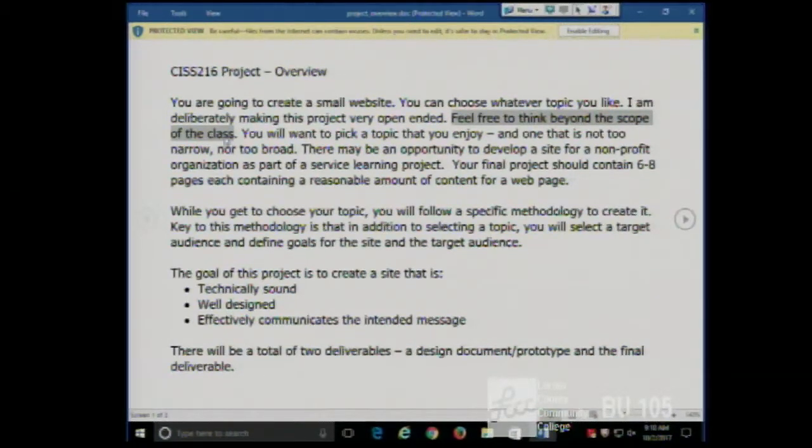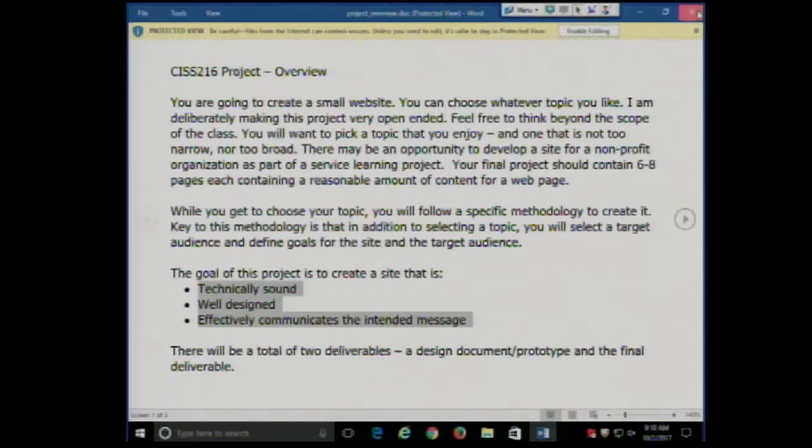There'll be 2 deliverables, 2 things that you turn in: a design document and prototype, and then the final deliverable, which is just turning in the project, all the web pages and associated files. It should be technically sound, well designed, and effectively communicate the intended message. All right. I don't think anything too earth-shattering there.